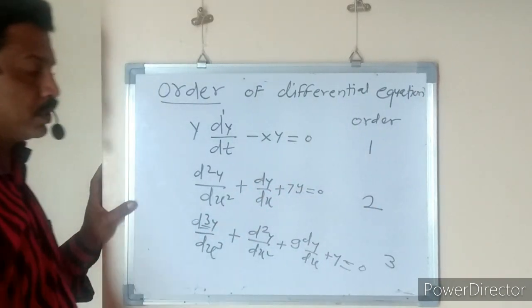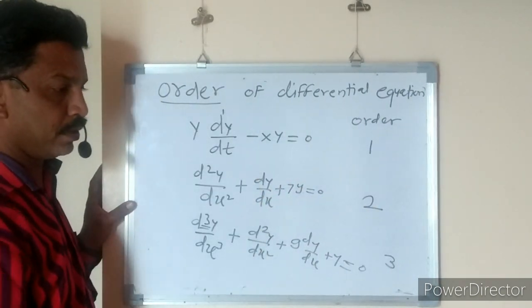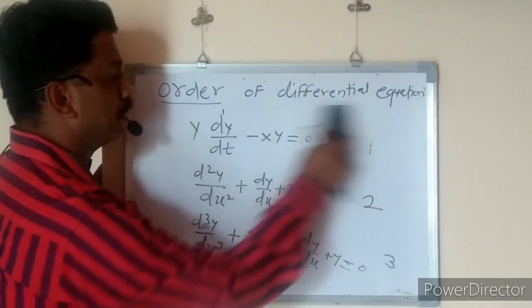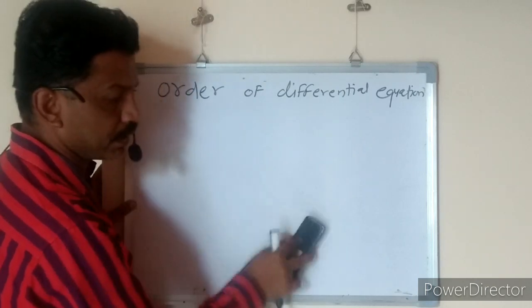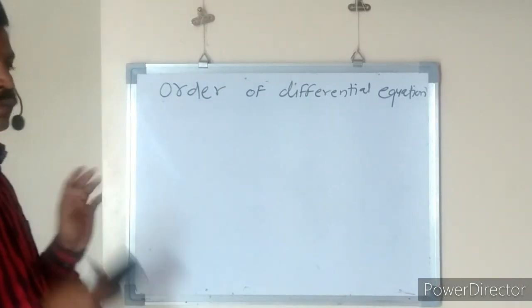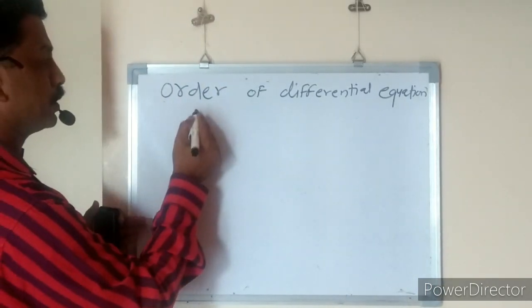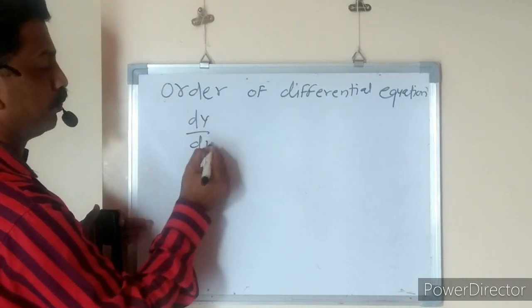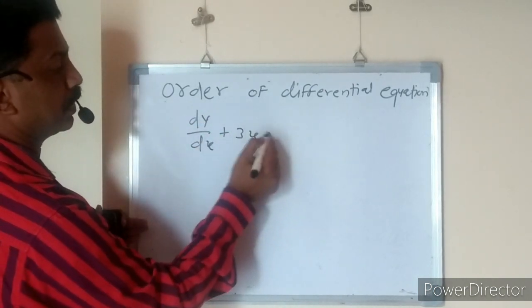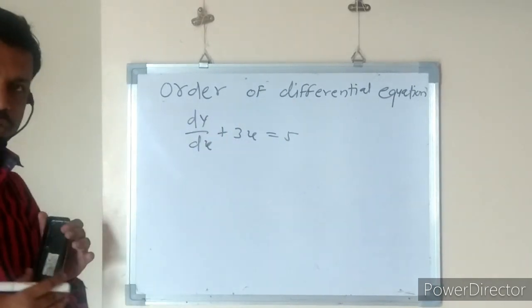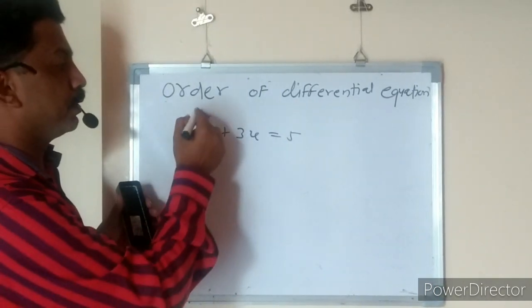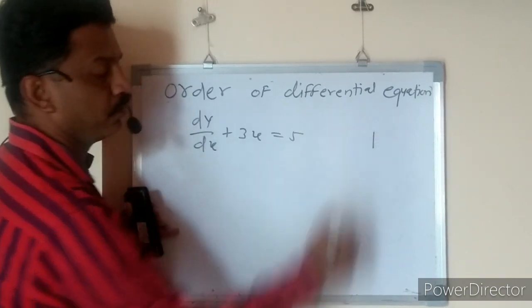Okay, so these are a few different examples by which we can easily understand the order of a differential equation. We take a few different examples again. The first one I have taken is dy/dx + 3x = 5. Here the order of the highest derivative is 1, therefore the order is 1.